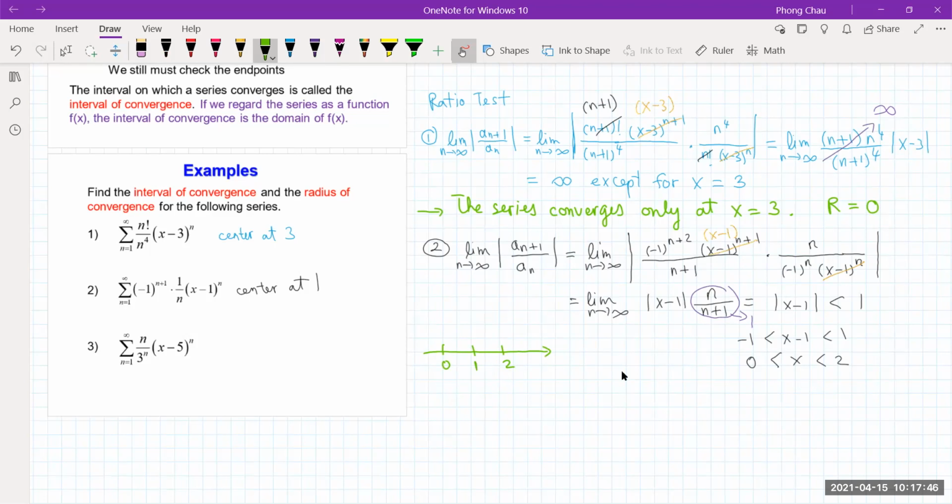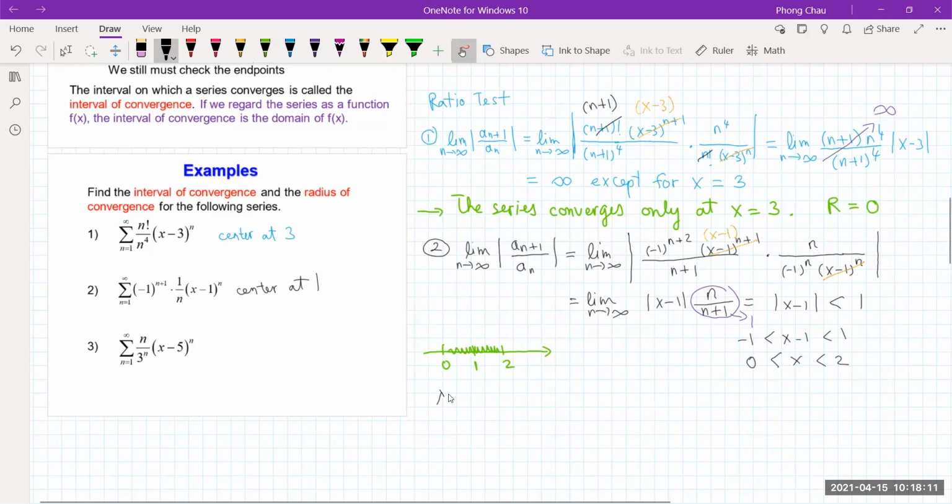Now again, from the ratio test, I know the series will converge anywhere between 0 and 2, because when x is between 0 and 2, this limit is strictly less than 1. Now at the endpoints, I need to do extra testing.